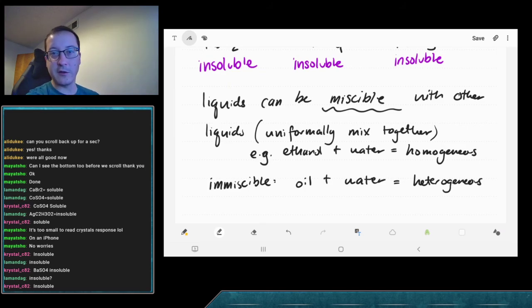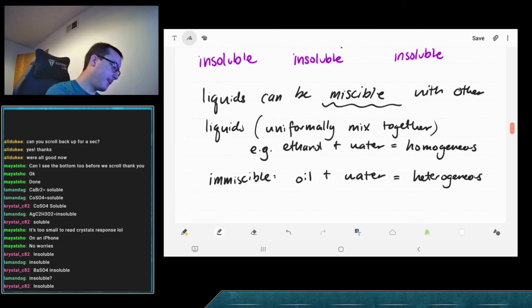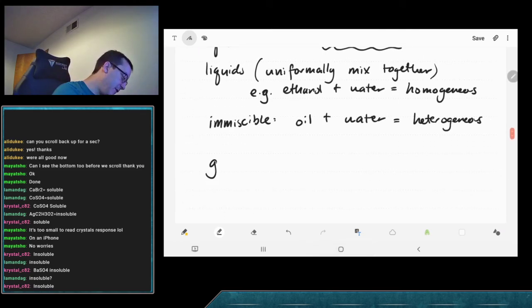You know this. If you just take a glass of water and put a tiny little drop of oil, it's still not going to dissolve, even if it's just a small amount. So immiscible stuff is never going to mix together, at least without adding other things to make them mix. All right, interestingly enough, gases can also dissolve in water.